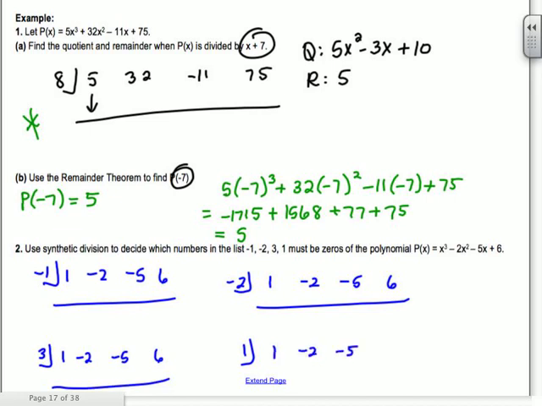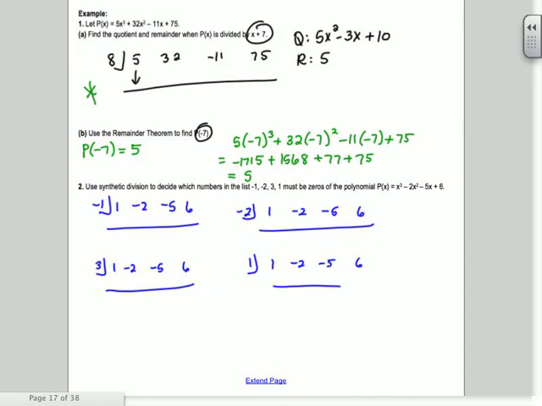You can do one at a time if you want. I'm just setting them all up. So how about Chris's side of the room, you guys do -1 and 3. And the other side of the room, you guys do -2 and 1.